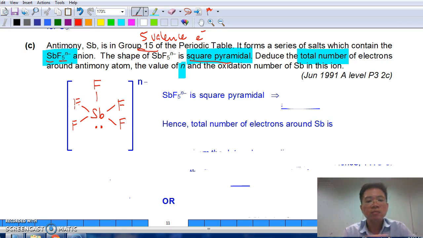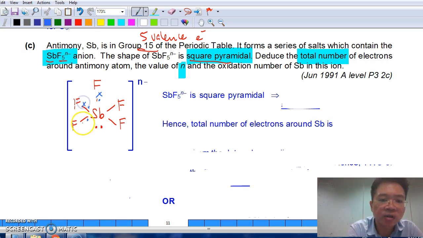We know that Sb has 5 valence electrons. But let's count the number of electrons. Two electrons are the lone pair. That means the number of bonding electrons contributed by Sb can only be 3 more: 1, 2, 3.